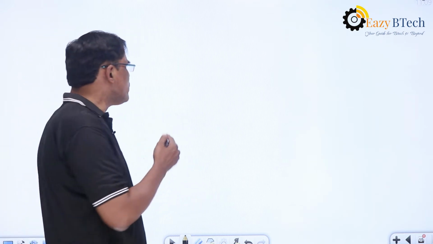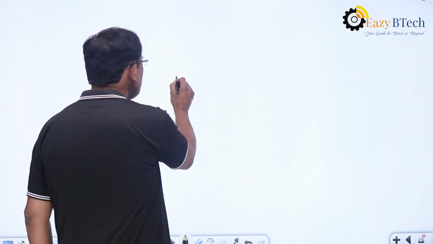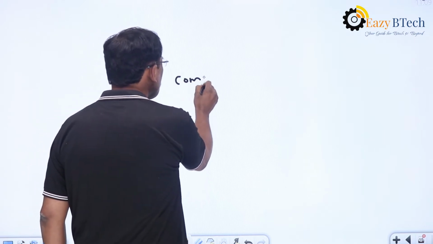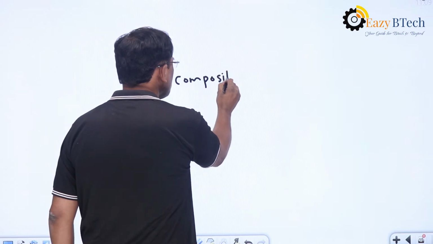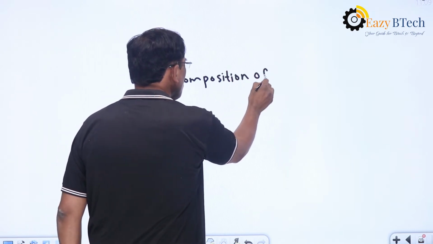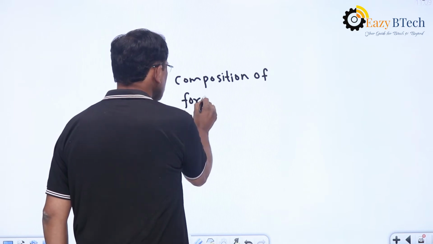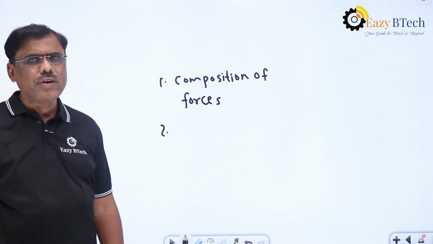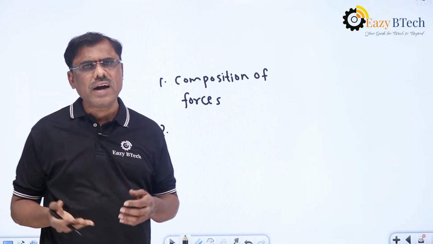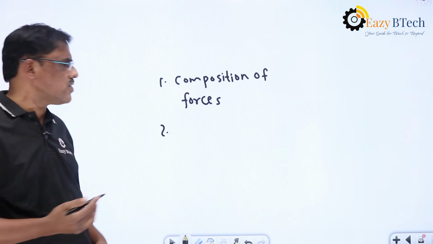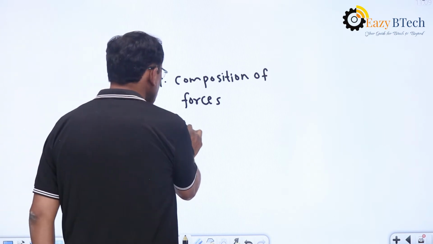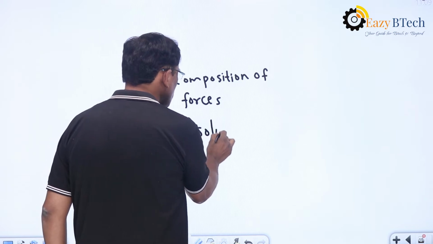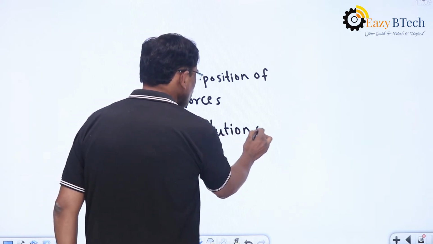If all the forces are combined together to get a single force called the resultant, then it is known as the composition of forces. And if a force is divided into its components, then it is known as the resolution of a force.